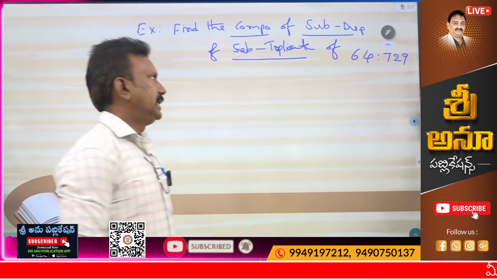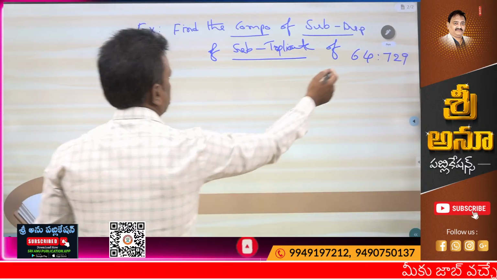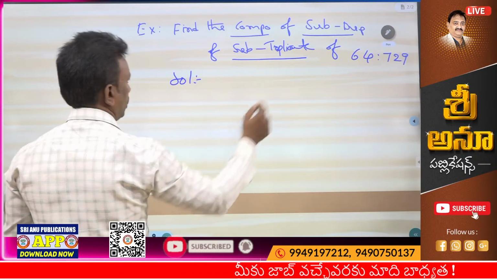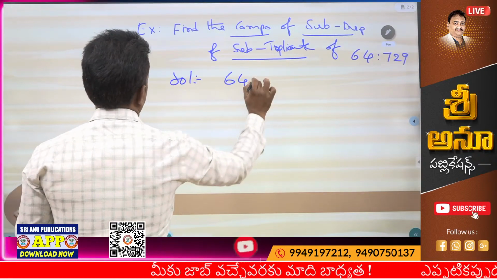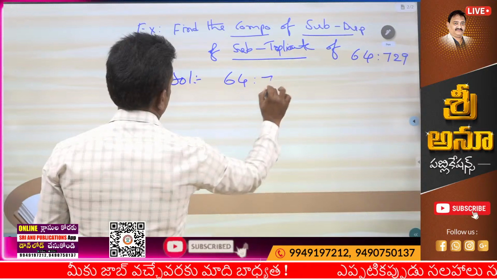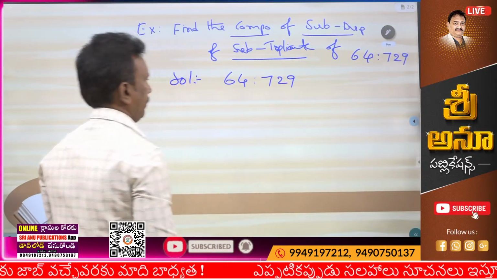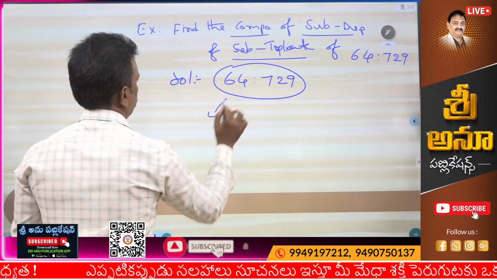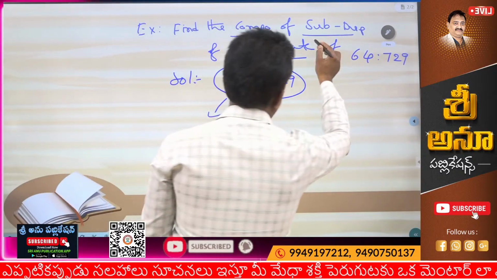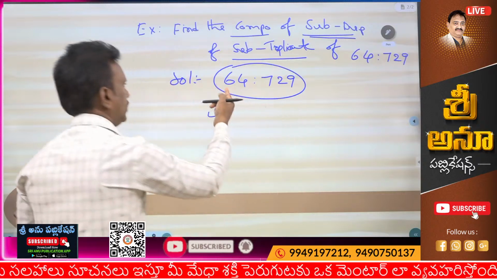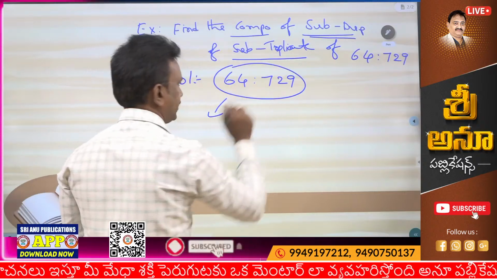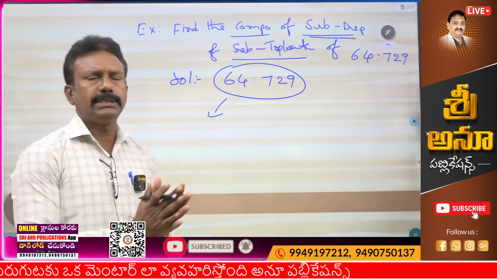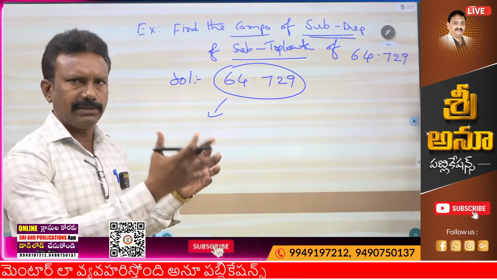Okay. So just try to understand. First, what is our given ratio? 64 is to 729. First of all, write the subduplicate ratio of the given 64 is to 729. What is the meaning of subduplicate ratio? Just apply the square roots to the parts of the ratio.